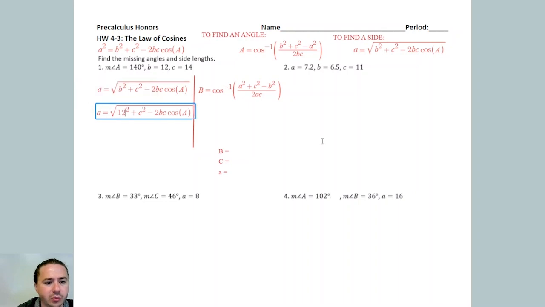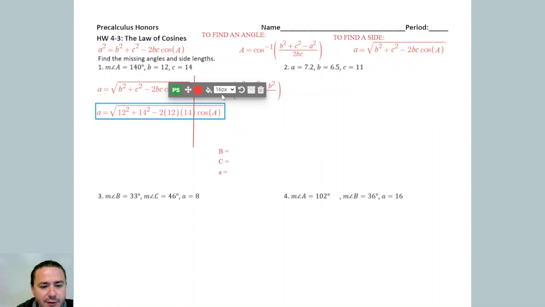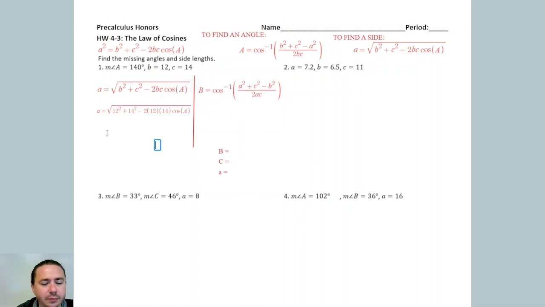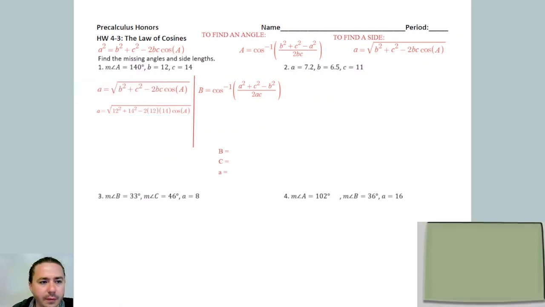Okay, that's going to be 12 squared plus 14 squared minus 2 times 12 times 14. And I'm going to have to make this a little smaller. Gosh, I really didn't give you all enough room to work these. Okay, so now this is just going to turn into a calculator problem. I'm going to just type this in.